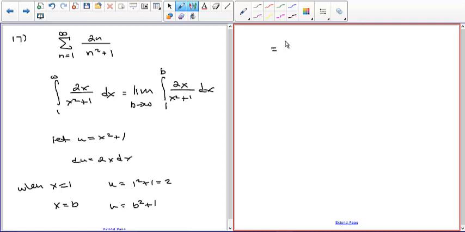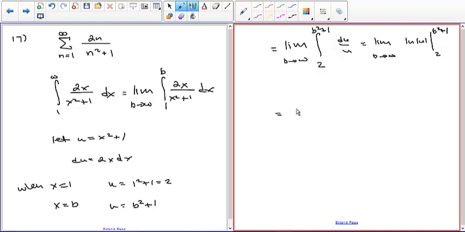So we're going to have the limit as b goes to infinity of the integral from 2 to b squared plus 1 of du over u. And the integral of du over u is the natural log of the absolute value of u evaluated between 2 and b squared plus 1.